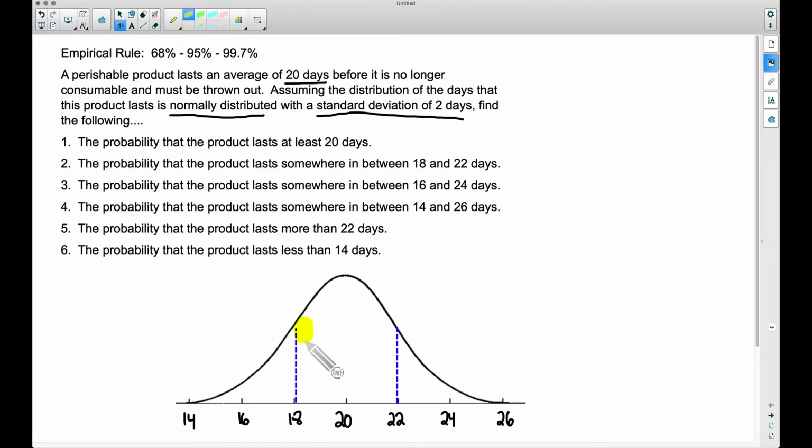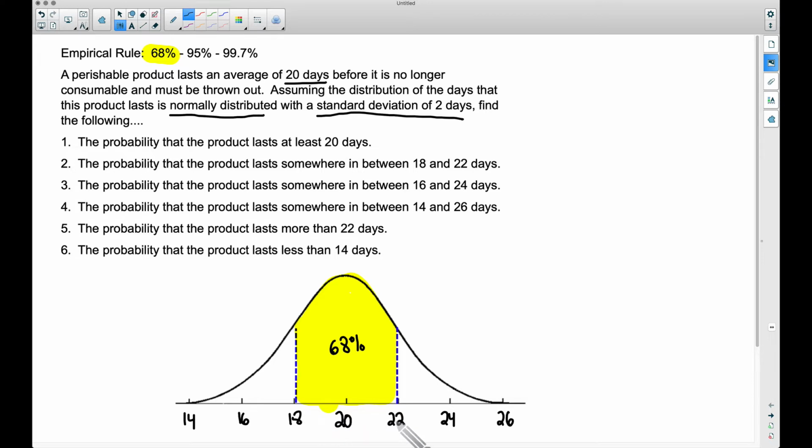The probability of this perishable product, whatever it may be, lasting somewhere in between 18 days and 22 days is going to be 68%. That's what that 68% stands for right there. There's a 68% chance that that perishable product will last somewhere between 18 days and 22 days.